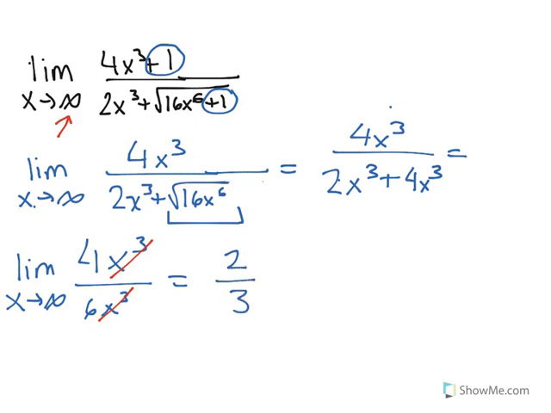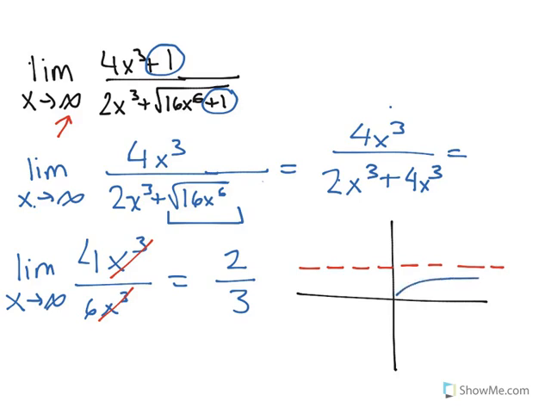If we were to graph this, our end behavior as x approaches infinity is that we're going to get closer and closer to 2/3.